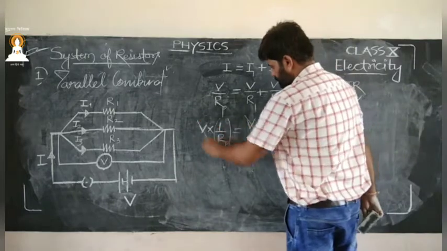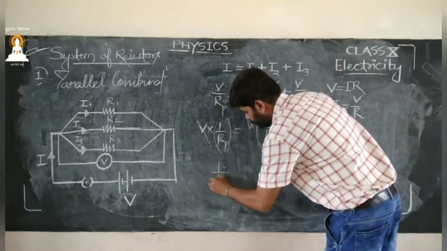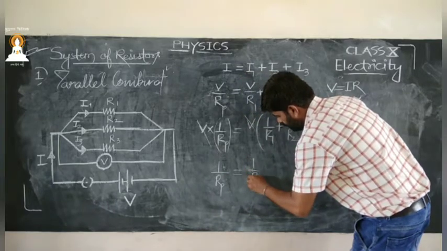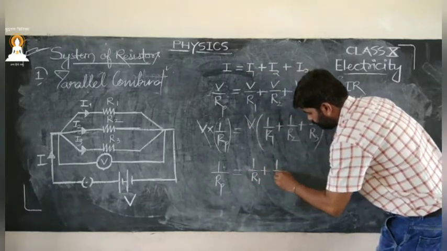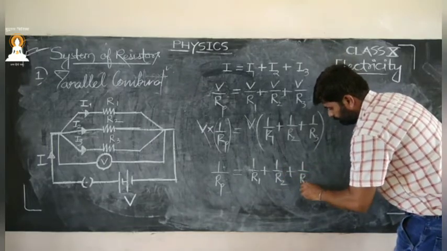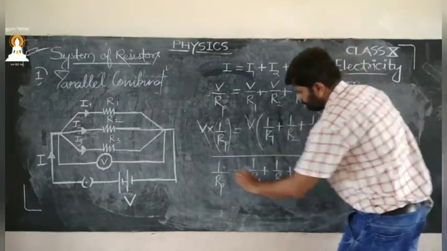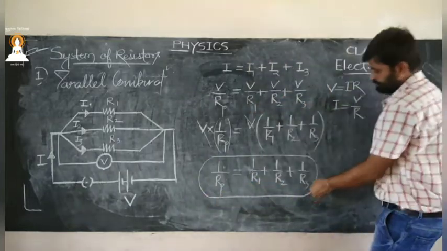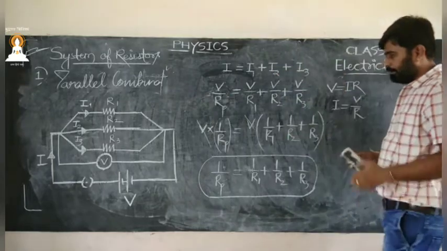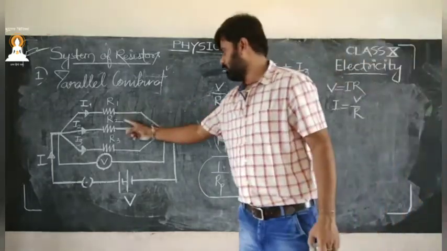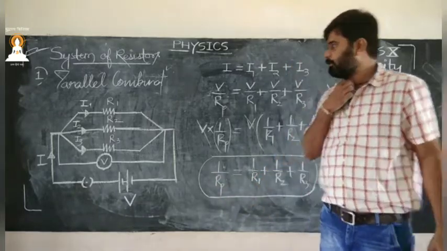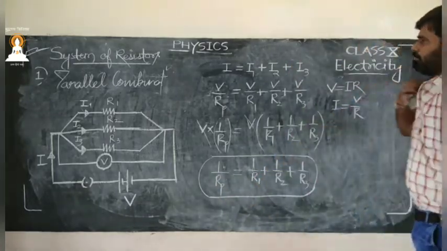So this V and this V cancel, and 1 upon RP is equal to 1 upon R1 plus 1 upon R2 plus 1 upon R3. Is it okay? So this is the equivalent resistance in parallel. In parallel, in place of R1, R2 and R3, I may replace them by RP. So this is the parallel combination.